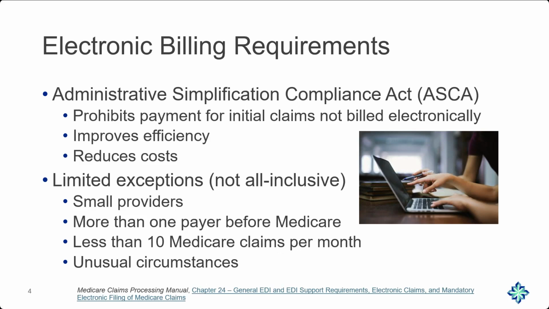There are other situations, ones that we call unusual circumstances. Those could be evaluated on a case-by-case basis. So if you find that you need to send claims on paper, those could be things like disruption of electricity or phone systems. Could be due to a storm or a disaster that's outside of your control.